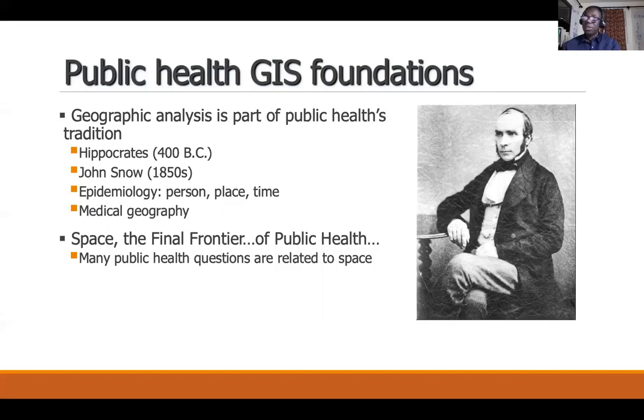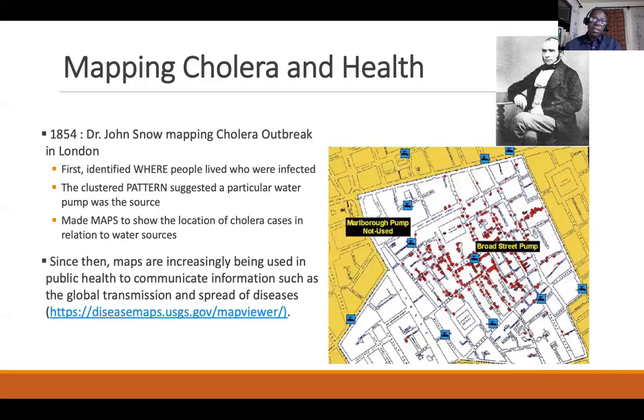John Snow in the time of 1850s, where he made epidemiology come live. So what we can say is many public health questions are related to space. So in 1854, Dr. John Snow mapped cholera outbreaks in London.